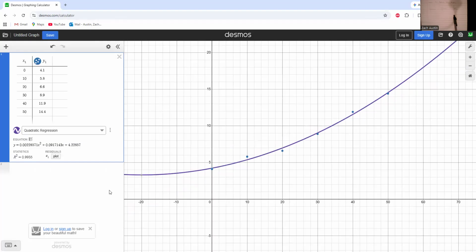Okay, so now is where things get a little bit tricky. Let's pop back over to the question again. It asks us to find a quadratic model, and it asks us to report the model to 4 significant digits. Now, significant digits is not something we're going to focus a ton on in this class.